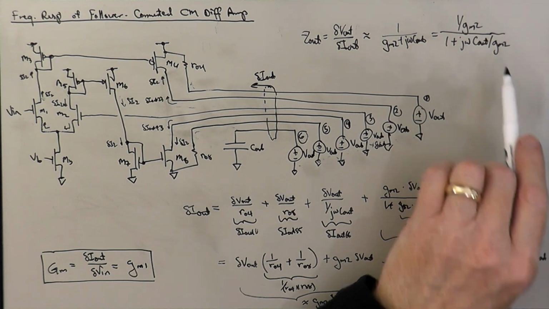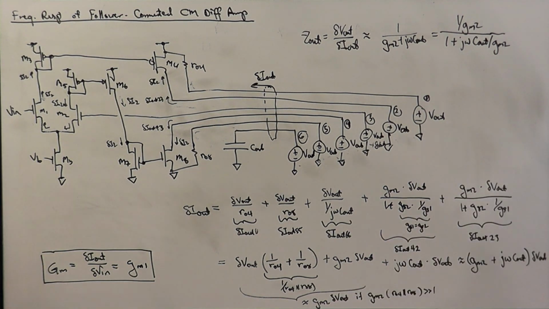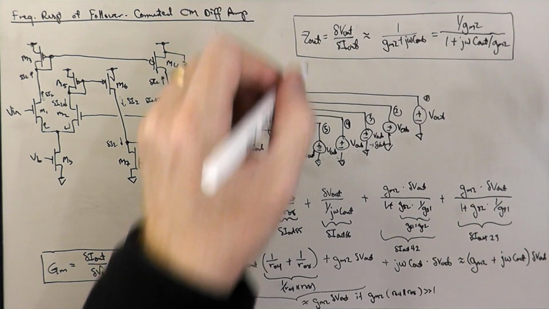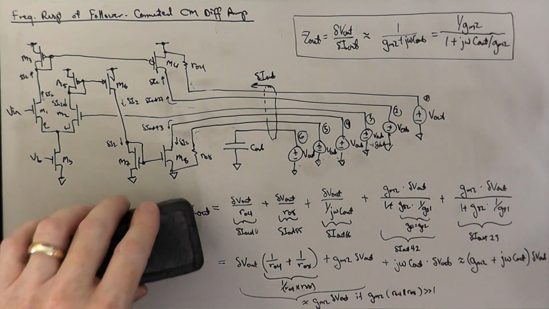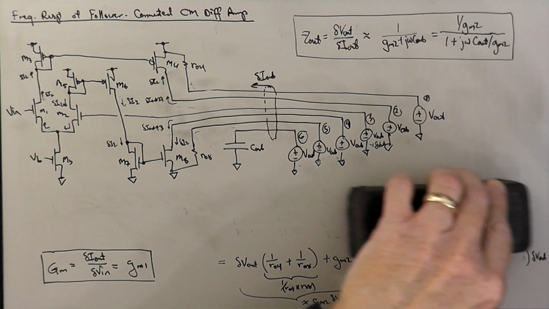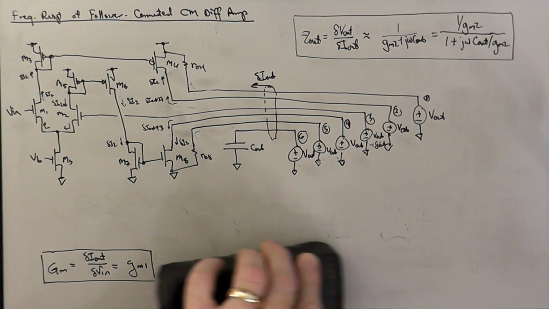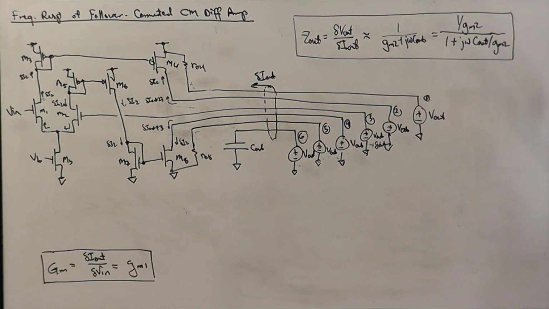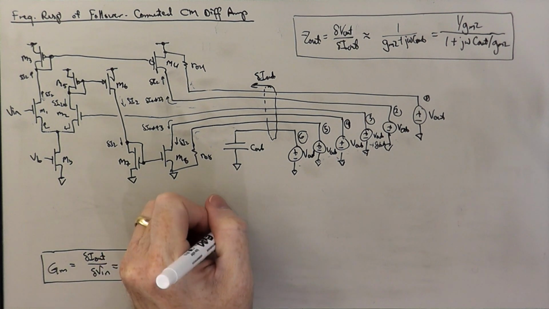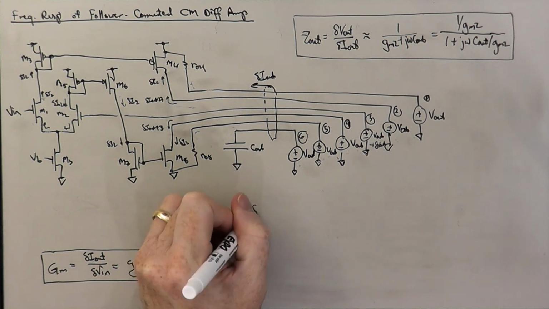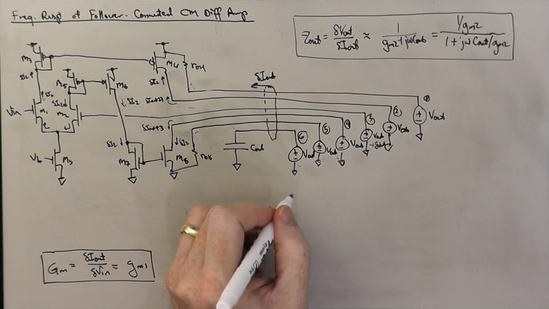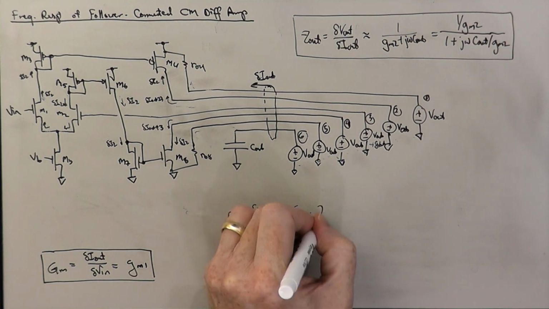And what we want to do is see what the gain of the circuit was. That was our goal initially. So this is Z out. And so the gain A, which is delta V out over delta V in, sorry, voltage gain is GM times Z out.